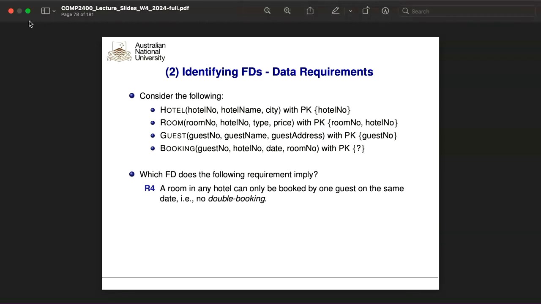So the last one, a room in any hotel can only be booked by one guest on the same date. So it means just no double booking.